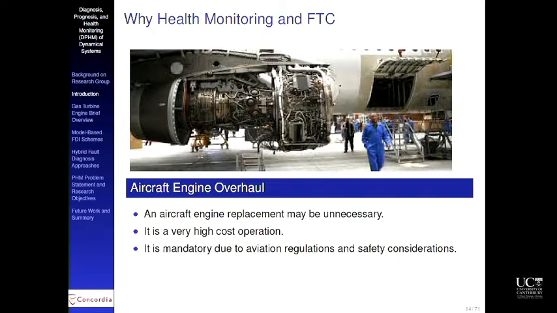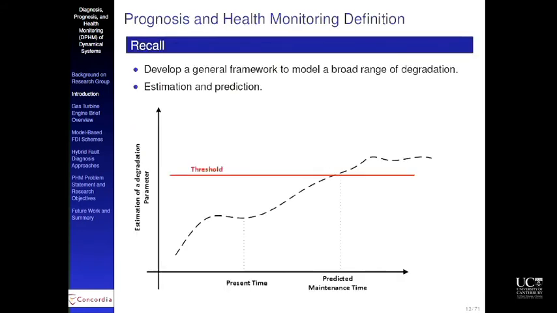Well, through prognosis and health monitoring, we come up with what is called condition-based maintenance, CBM, meaning based on the information that I'm collecting here, give me a prediction of how many more kilometers I can run this car before I have to take it to maintenance.